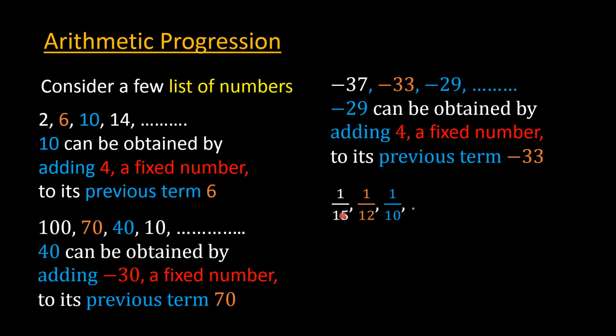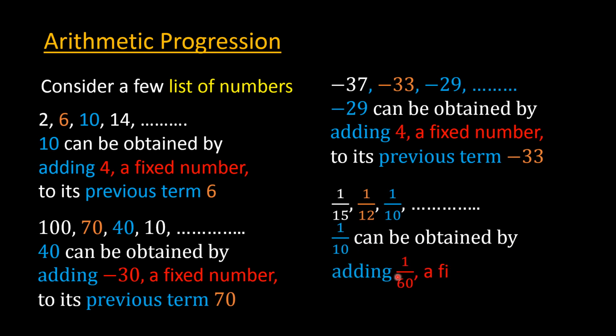The fourth series of numbers is 1 divided by 15, 1 divided by 12, 1 divided by 10, and so forth. In this series of numbers also, each number can be obtained by adding a fixed number to its previous number. For example, 1 divided by 10 can be obtained by adding a fixed number 1 divided by 60 to its previous number.